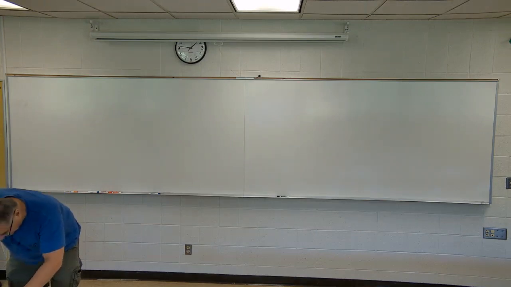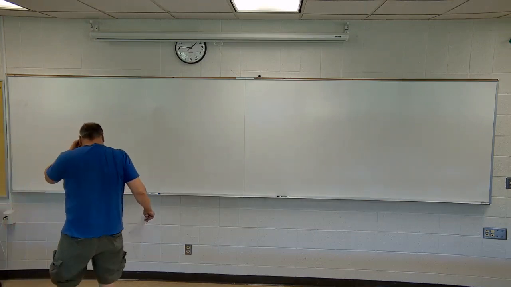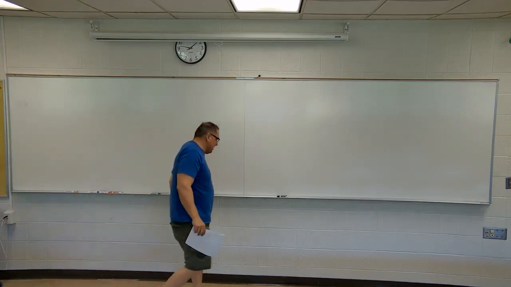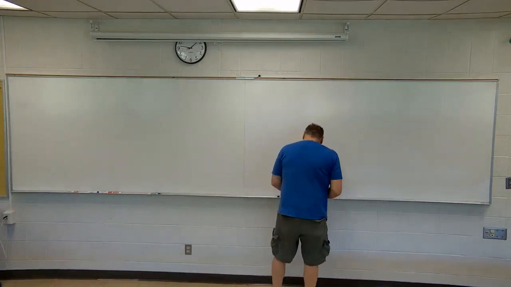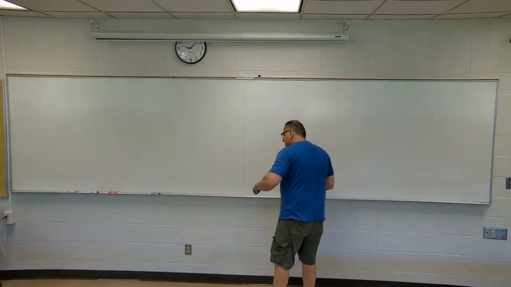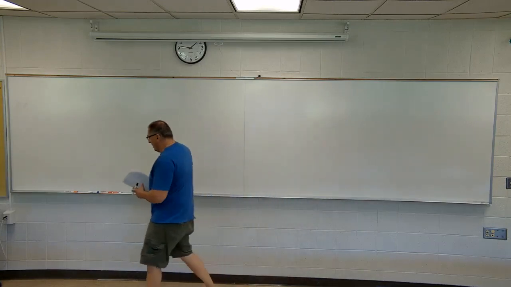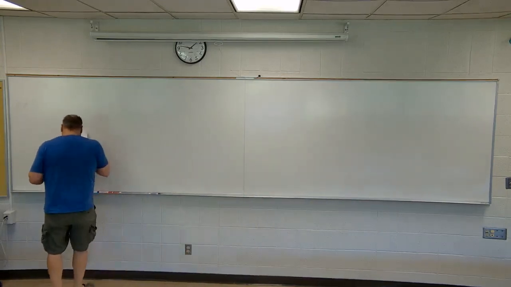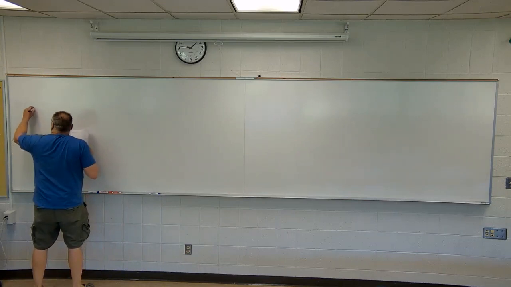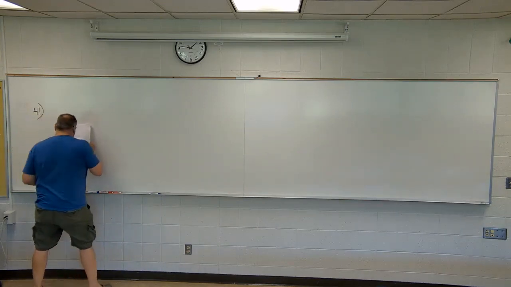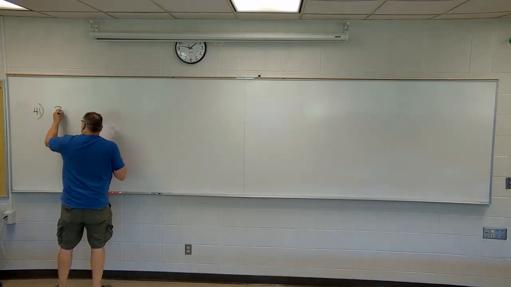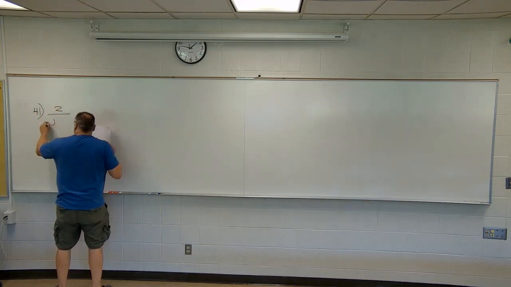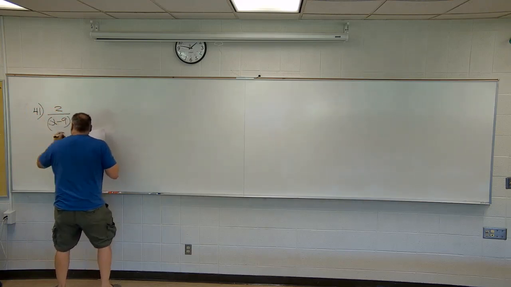All right, guys, there's a problem here. Number 41. And they're asking, what if they give you this? They got x minus 9. I'm going to put it in parentheses.